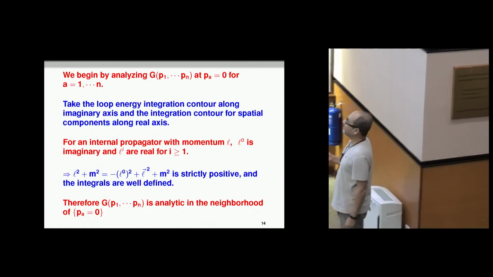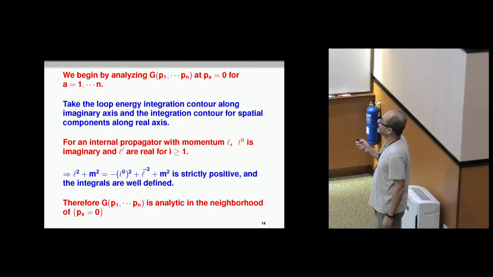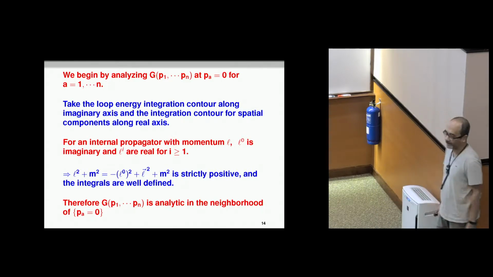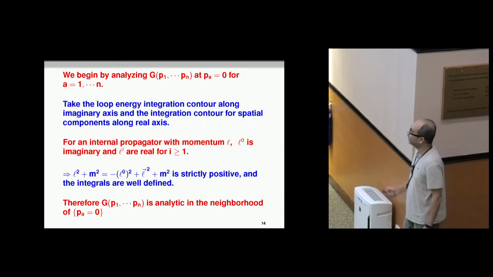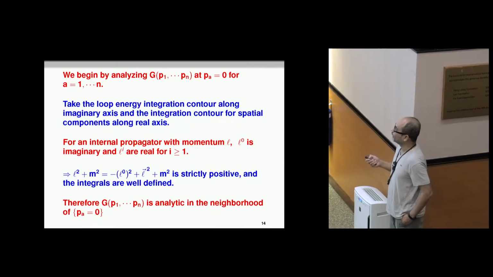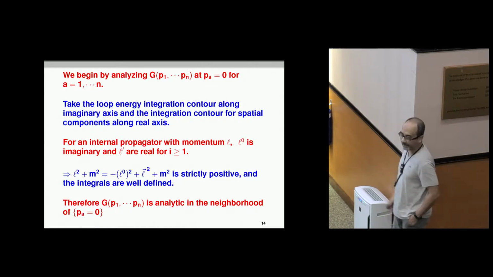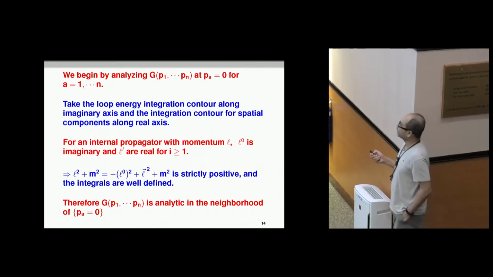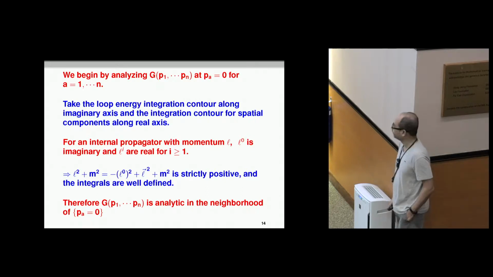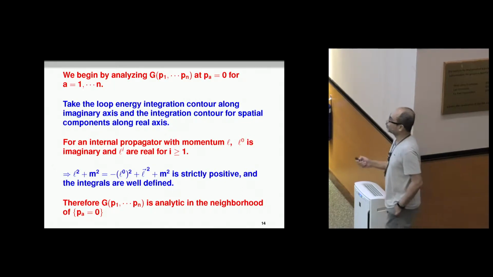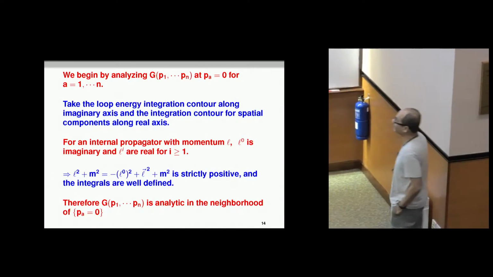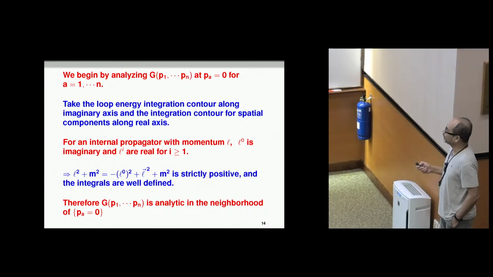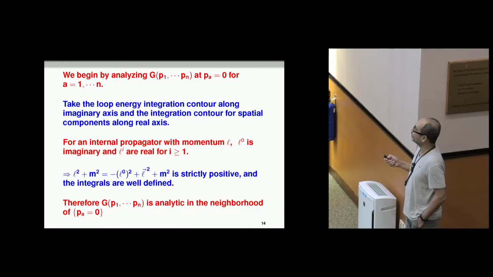We'll begin by analyzing this Green's function at zero momentum, when all the external momenta are 0. When all the external momenta are 0, we take the loop energy integration contour to be along the imaginary axis, and the integration contour for spatial components along the real axis. This is good because the convergence is ensured, and it's also good because if we take an internal propagator of momentum L, then since the external momenta are all 0 and the loop momenta are chosen in this way, L0 is always imaginary and Li is real.